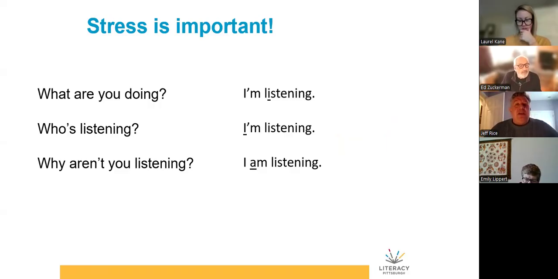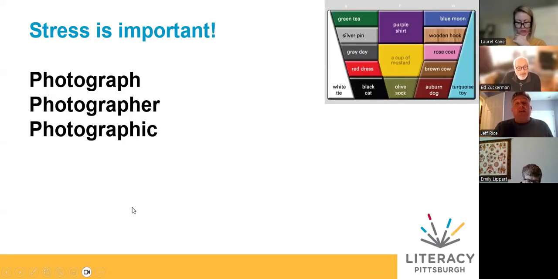So in the first sentence, silver pen, I'm listening. And the second sentence, white tie, I'm listening. And the third sentence, black cat, I am listening. So you want to use it to help hear and produce vowel sounds, and also use it to identify stress and emphasis.